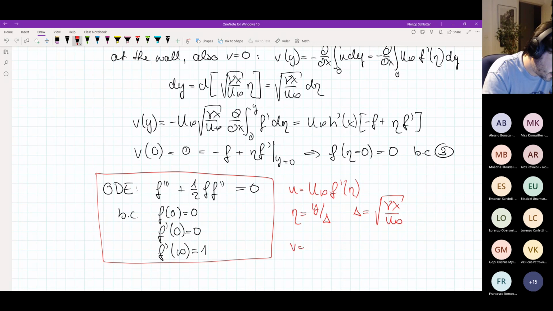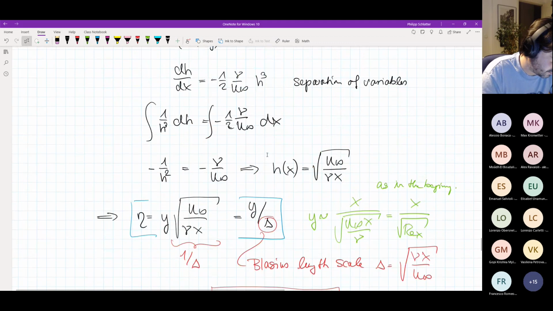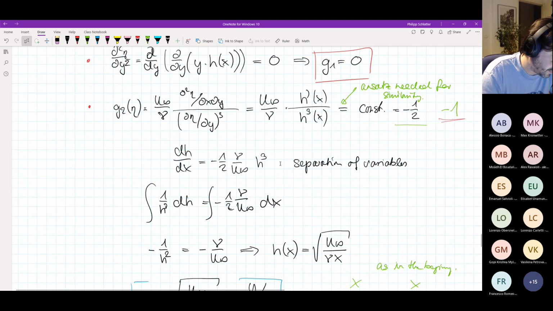And my v is essentially u infinity times h prime of x times minus f plus eta times f prime. Something like that. And the h prime of x, we haven't written it explicitly, but essentially it's given here when h is introduced like this.